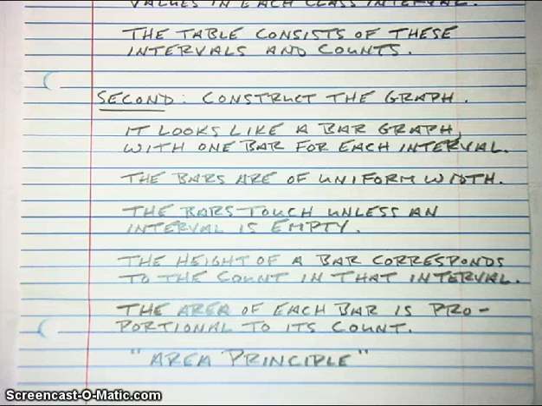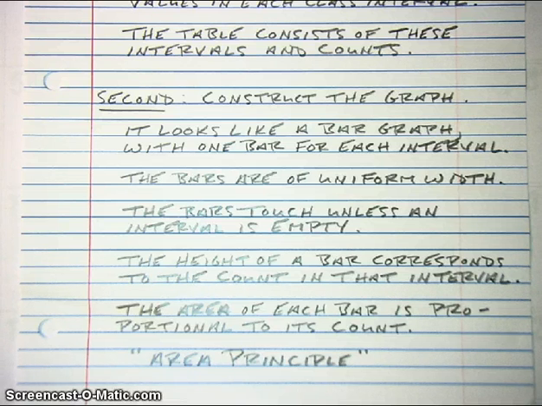Okay, the height of each bar corresponds to the count in that particular interval, and the area of each bar is going to be proportional to the count in its interval. This is a very important idea in statistics. When you're graphing data, you want to follow this principle, the so-called area principle, that the area that represents a particular count has to be proportional to the true count.